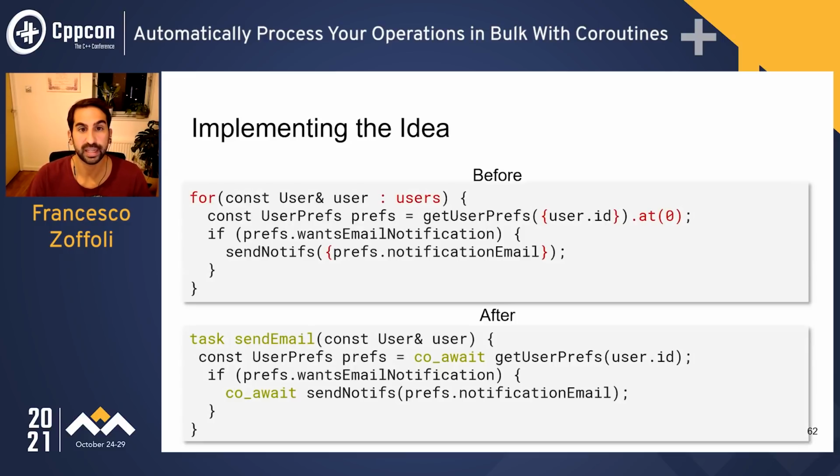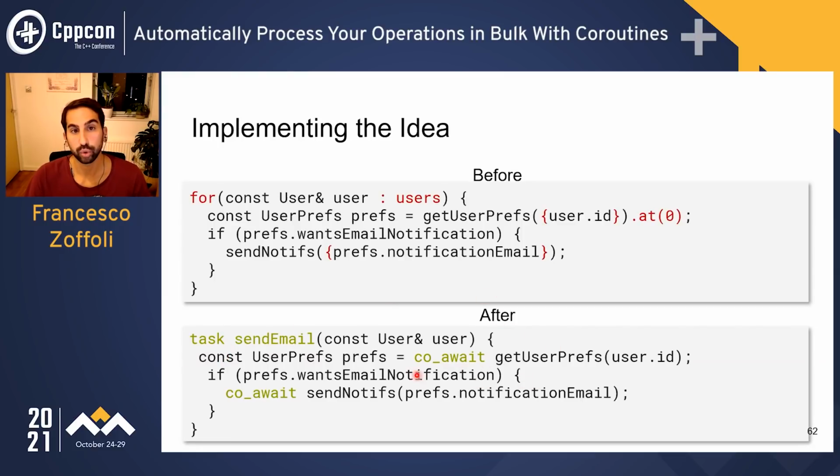And here we can see how we want to change our code. Initially, we had our for loop over the users, and we are changing it by extracting the body and putting it inside a function. The function is going to be called send_email, and it's going to return a task that we will implement in the next section.